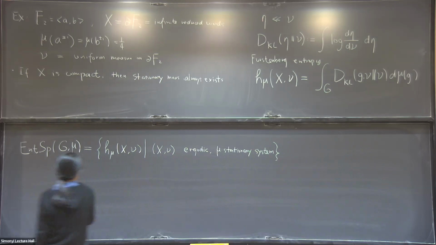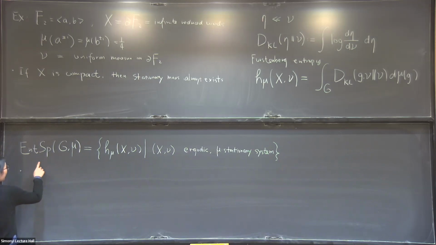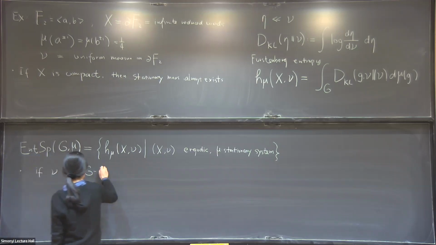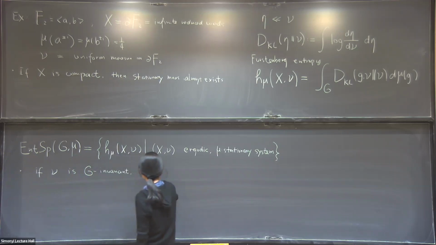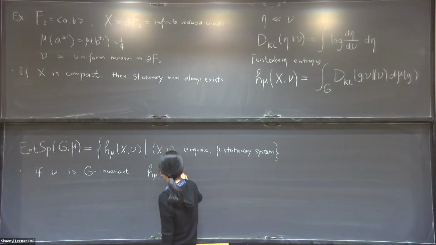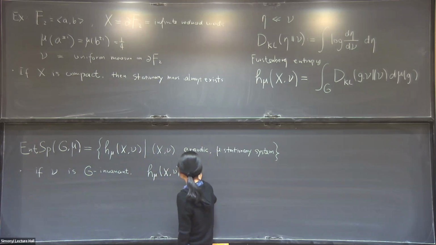So maybe some basic properties will make more sense in a moment. First, if mu is actually an invariant measure, then you get 0 for the Furstenberg entropy just by looking at the formula.